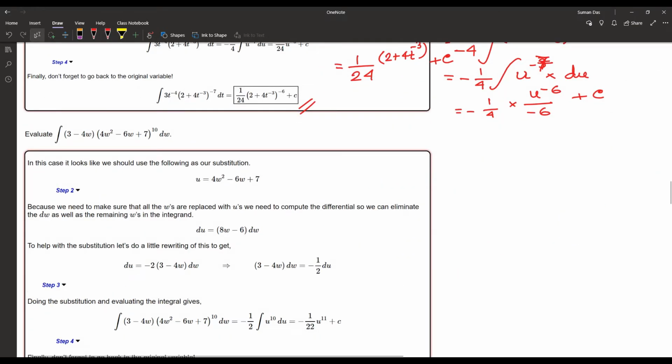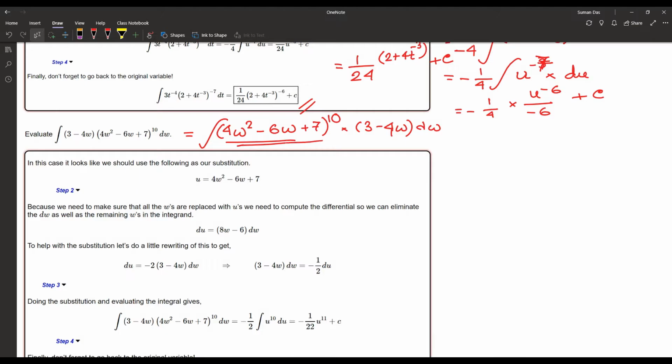Here that has been given, and once again we are interchanging the position of the functions in the problem. So that is (4w^2 - 6w + 7) whole to the power 10 into (3 - 4w) dw.